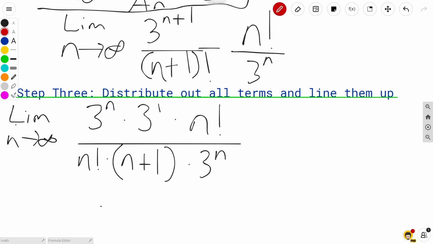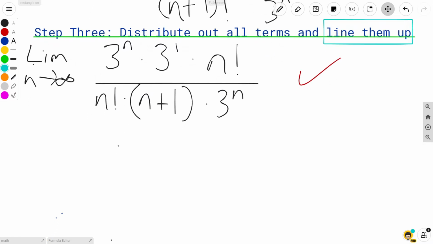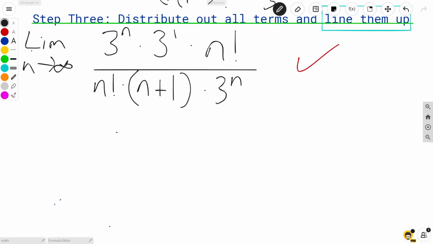Check. So the next step is, as I wrote, we're going to line them up. Why? Because it makes it easier. That's why. So now that we have them, we're going to line them up.